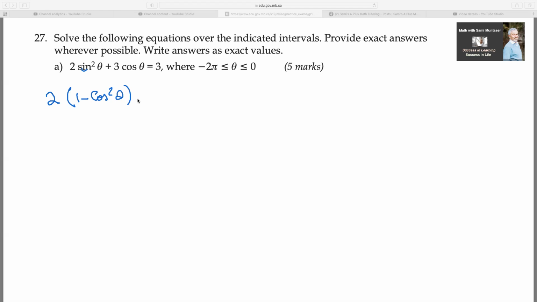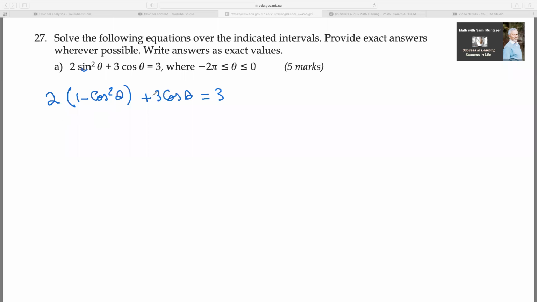The first identity, the sine squared plus cos squared, and how it's manipulated, you should know that by heart, because you don't want to slow down writing the test. Your process of thinking slows down when you don't remember some of this stuff. So sine squared is 1 minus cos squared, and now plus 3 cos theta equals 3.